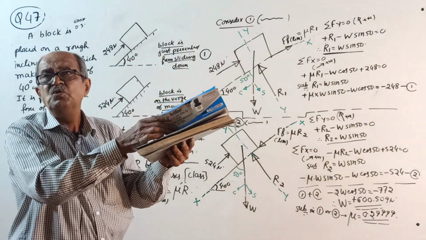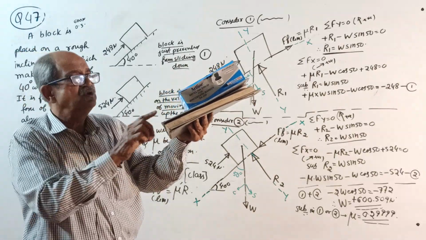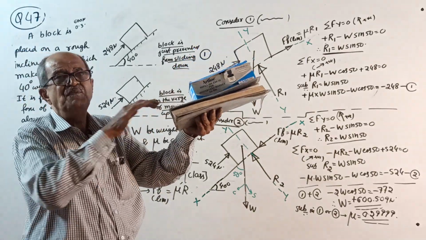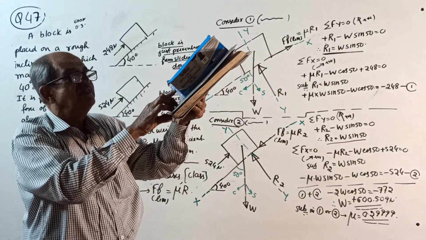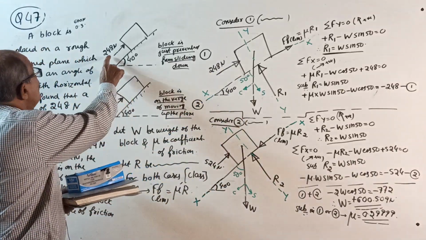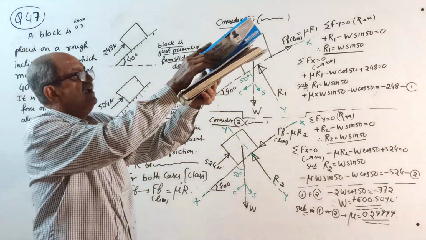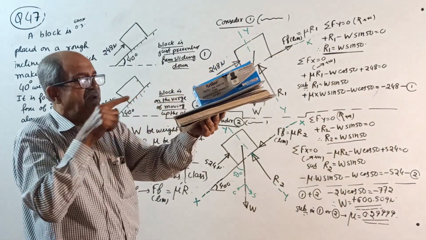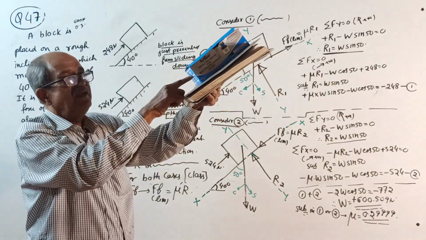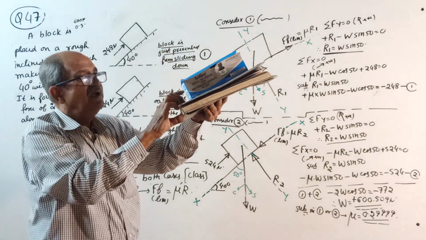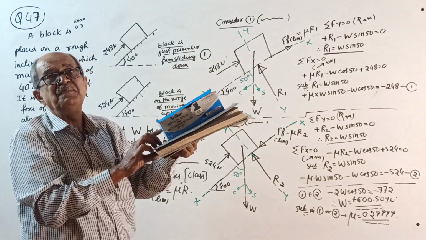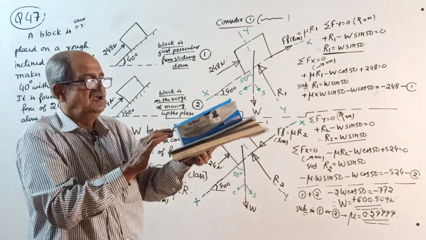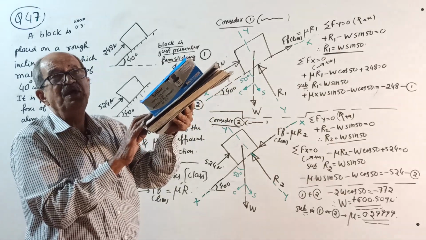So they found out for what minimum force along the plane it is just enough to prevent sliding. That force is 248 Newton. So if you apply 248 Newton, it will just prevent sliding. But then they applied further more force. Finally, it started moving up.